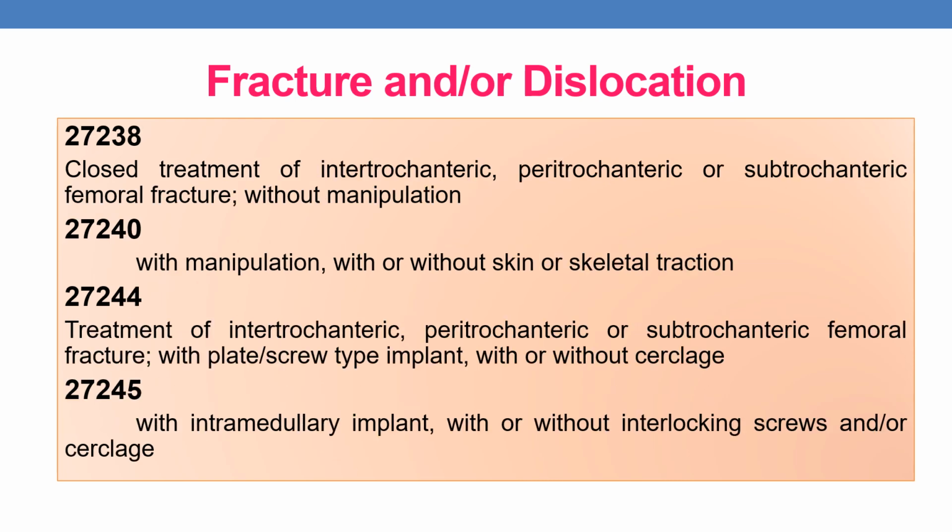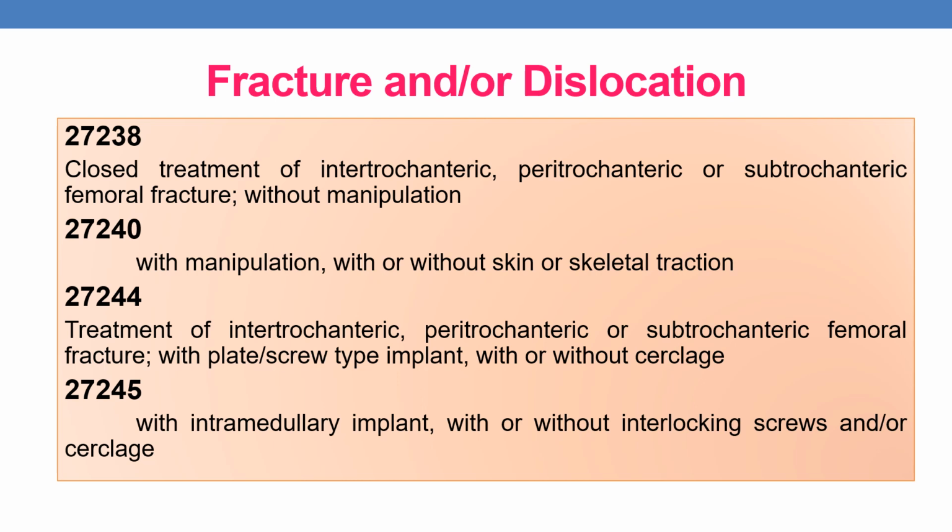The next CPT is 27238. It deals with closed treatment of intertrochanteric, peritrochanteric or subtrochanteric femoral fracture without manipulation. If it is done with manipulation, with or without skin or skeletal traction, the CPT is 27240.